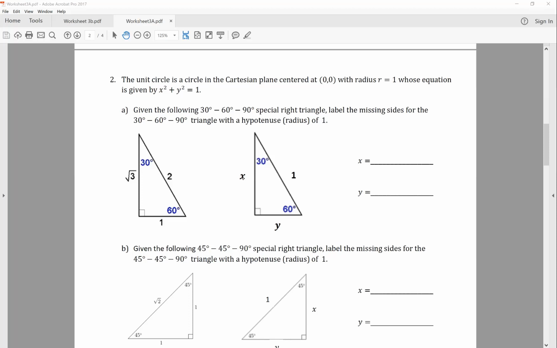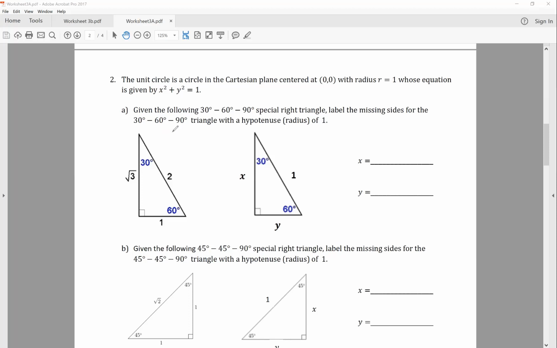So given the following, that these are 30, 60, 90 triangles, label the missing sides for the 30, 60, 90 triangle with a hypotenuse of 1. These are exactly the same triangle. These are called similar triangles. They're not equal, obviously, because 2 is not equal to 1.